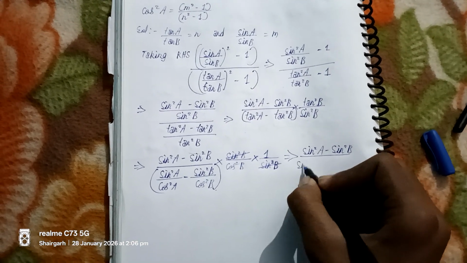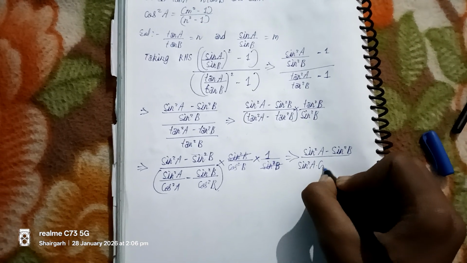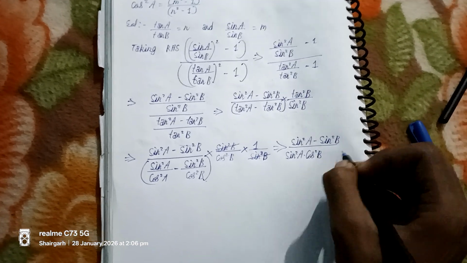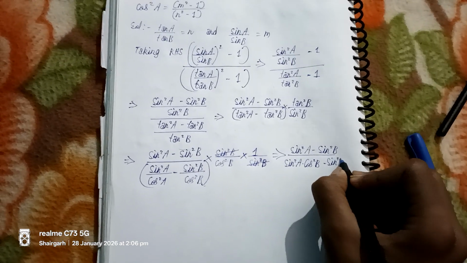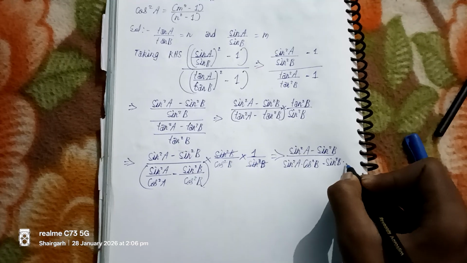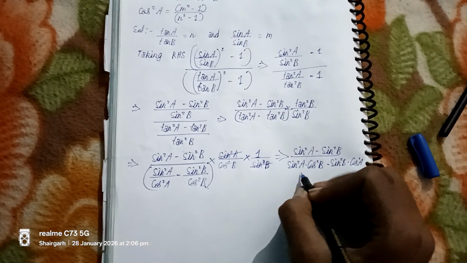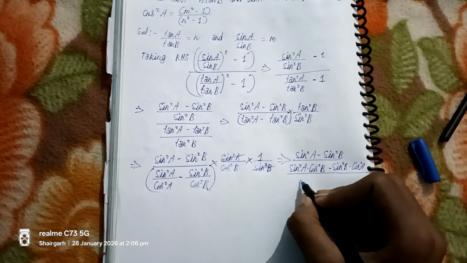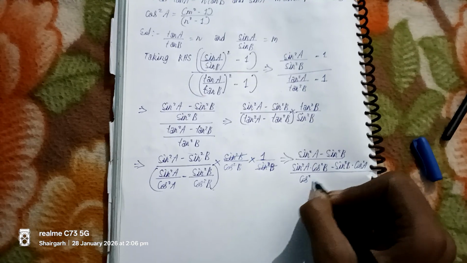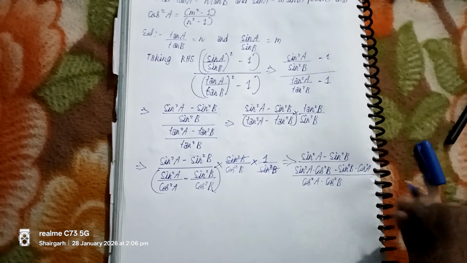Then this will be sin square A cos square B minus sin square B cos square A, and in the denominator cos square A into cos square B.